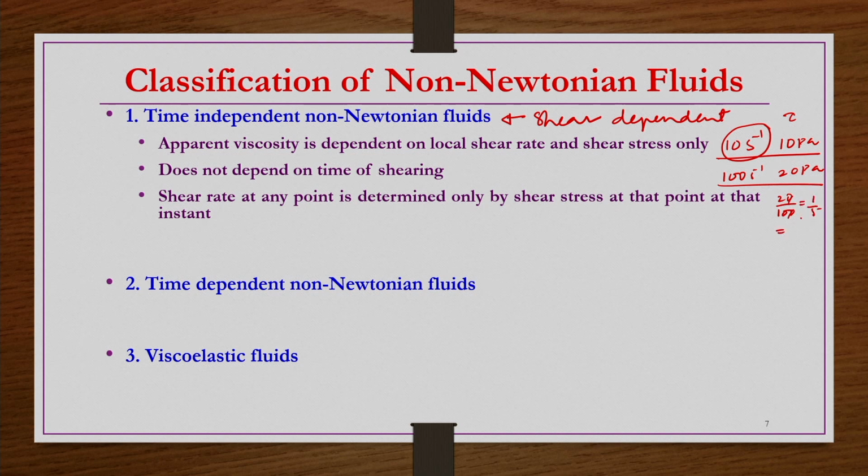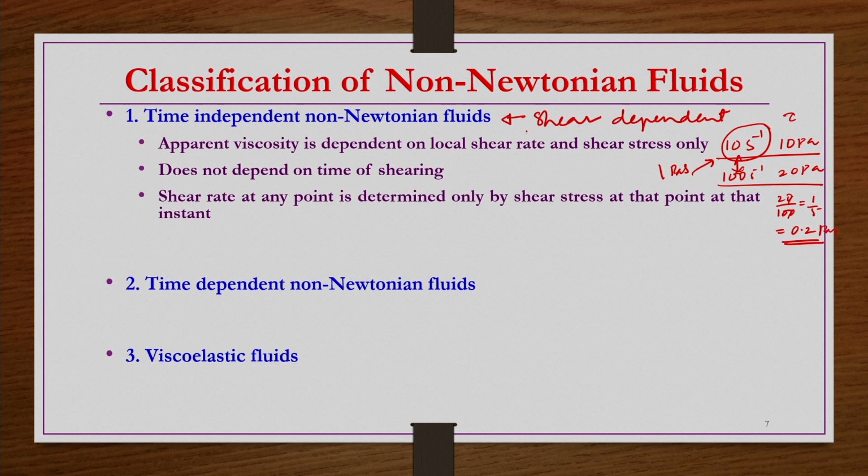So, then what we have is 0.2 Pascal second, whereas in the first case the apparent viscosity is 1 Pascal second. Here 0.2 Pascal second, so the apparent viscosity is decreased when you increase the shear rate from 10 to 100 second inverse. So, that kind of shear dependent behavior these materials may be having.